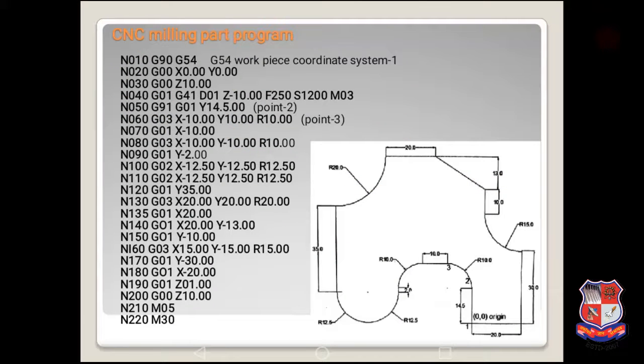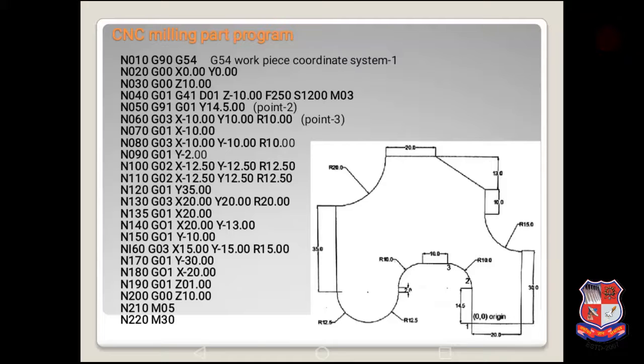This is another part program. Looking at the drawing, it seems a little complex, so it is better to use G91, the incremental programming mode, rather than the absolute programming mode.